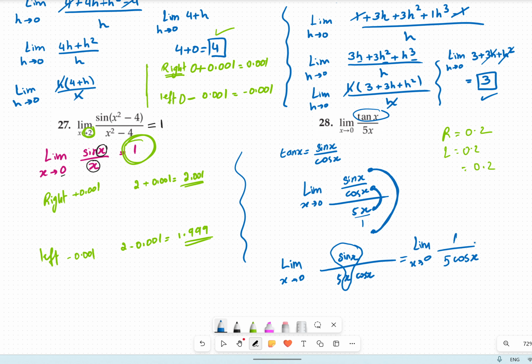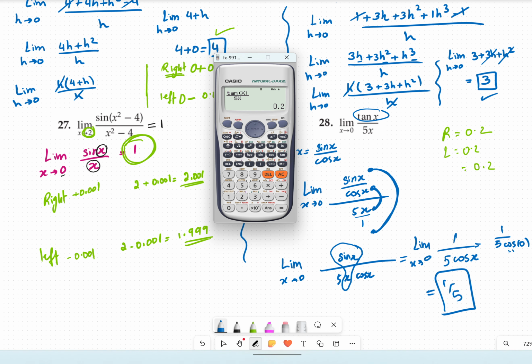Now let's substitute in the place of x 0. So I will get 1 over 5 cosine 0. We know cosine 0 is just 1. 1 times 5 is 5. So the final answer is 1 over 5. If you convert 1 over 5 into decimal, you will see that it is 0.2, same like I got from my calculator.